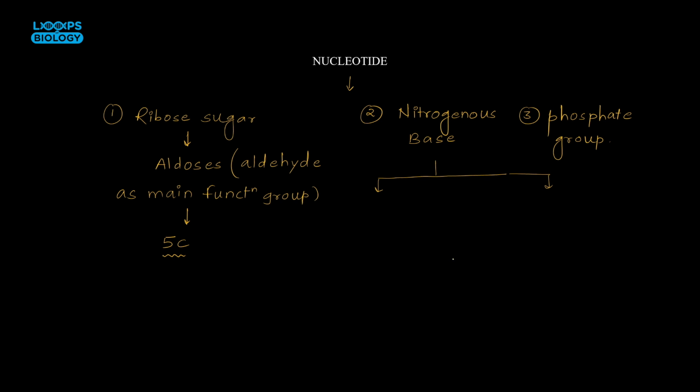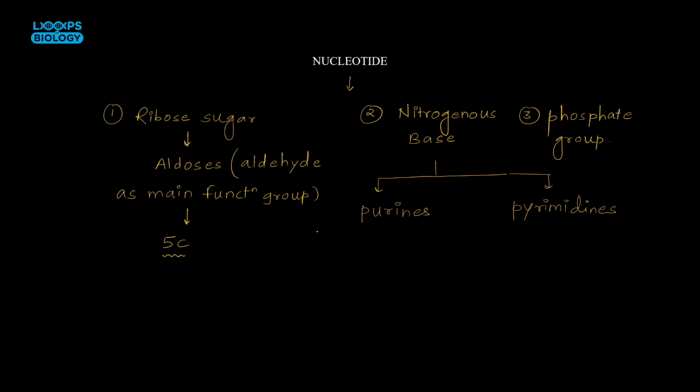Whenever I am considering nitrogenous bases, there are two categories: purines and pyrimidines. As we have seen, the nitrogenous bases are made up of a heterocyclic ring that contains nitrogen inside it. That's why they are called nitrogenous bases.